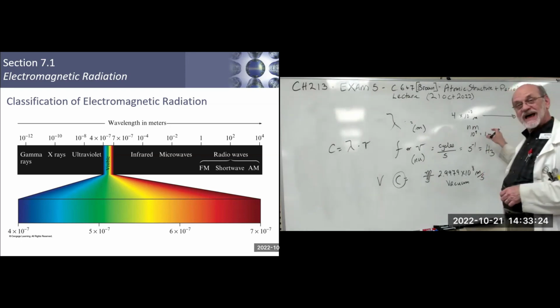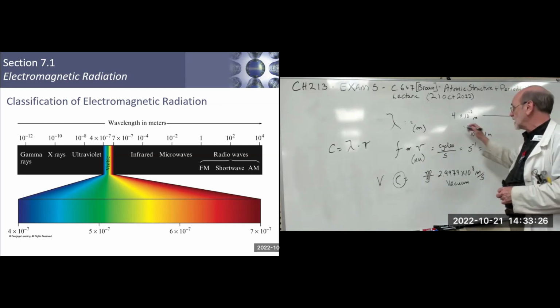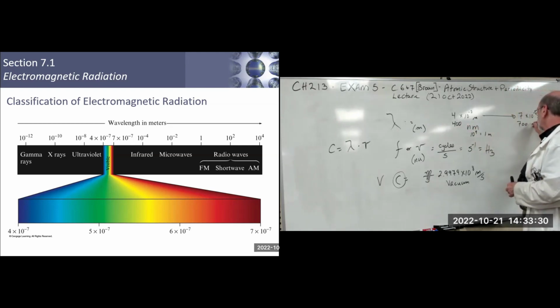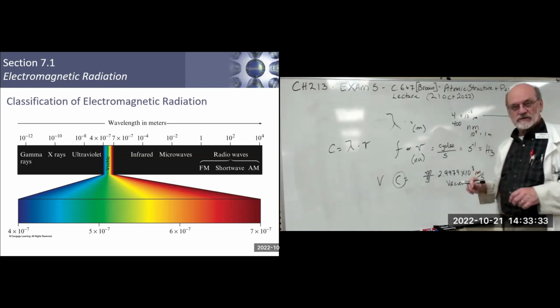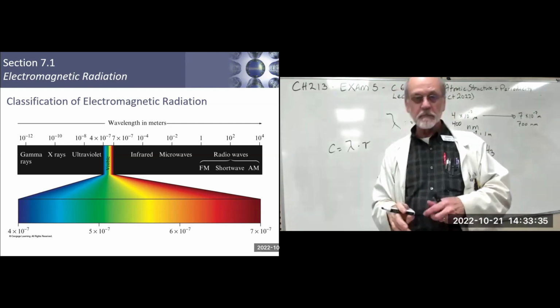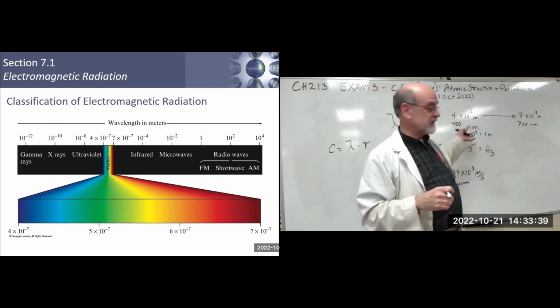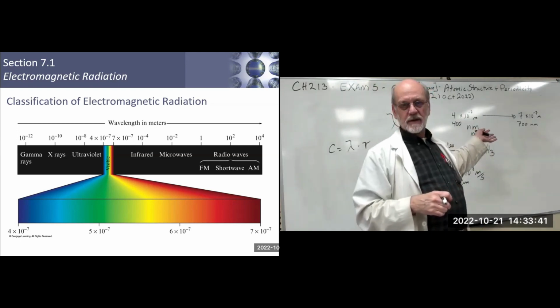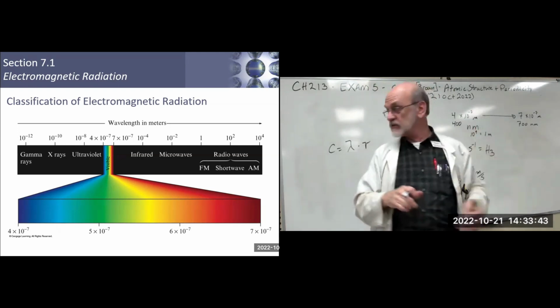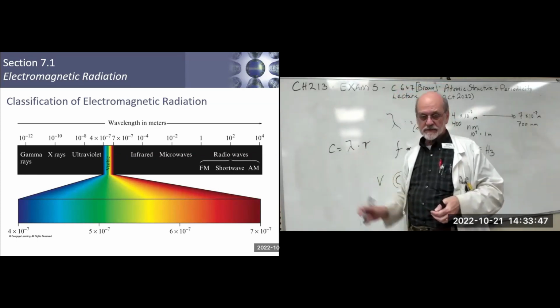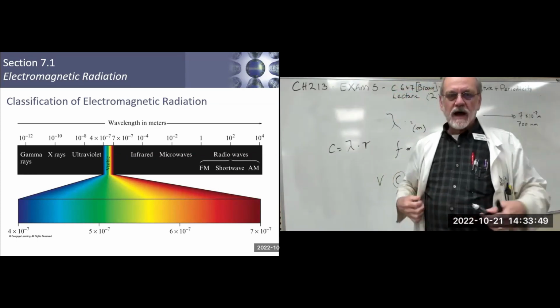All right, so if we apply that as a conversion factor, we get 400 nanometers to 700 nanometers. Now it's more convenient to discuss wavelengths in terms of nanometers, but still, when you're doing the calculations using this equation, they have to be converted back to meters.